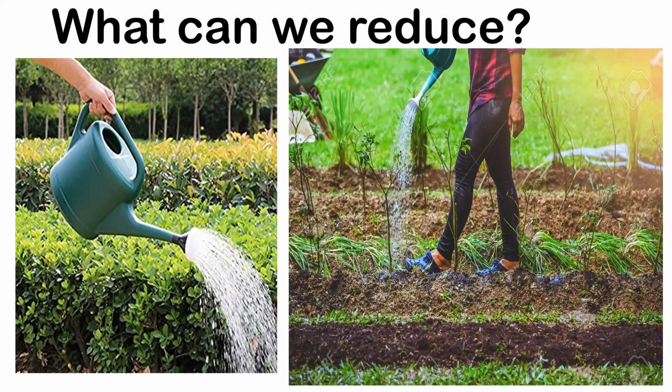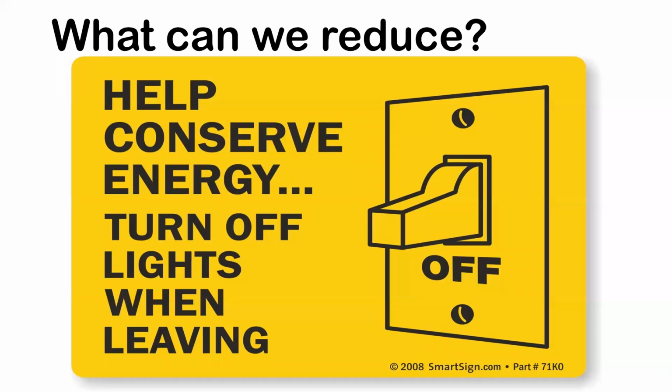Another one would be to turn off the lights when they are not in use, not just when you are leaving the room. If you see that there is a room in the house or in the classroom in school that is not used, and you know that it will not be used for the next maybe 15 minutes, then turn off the lights.